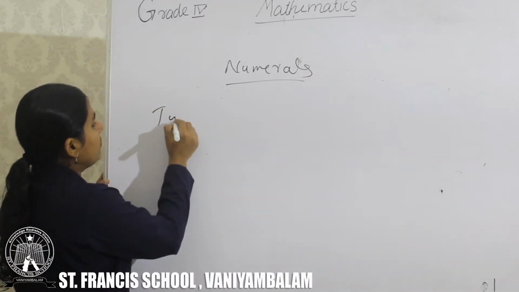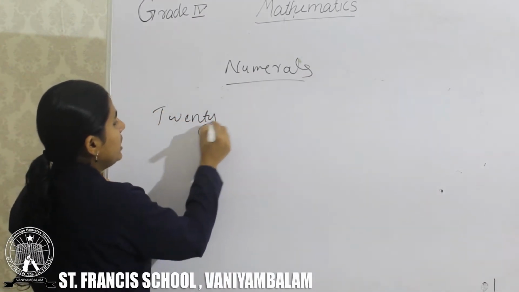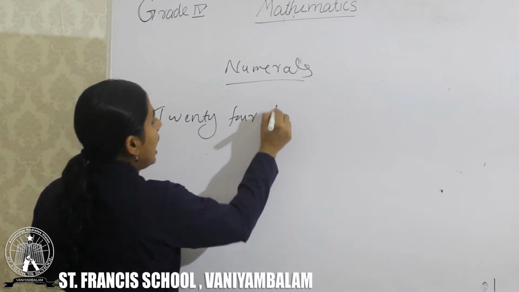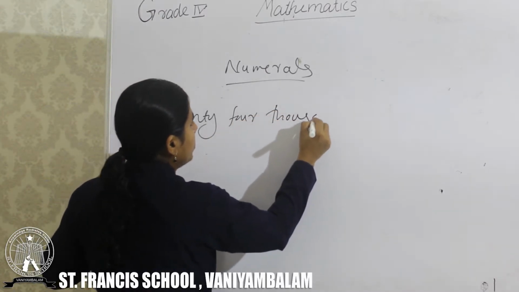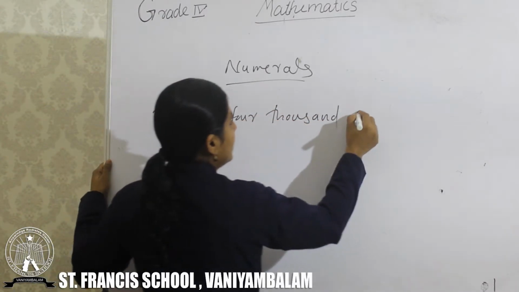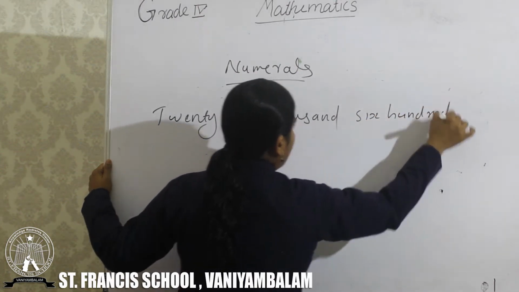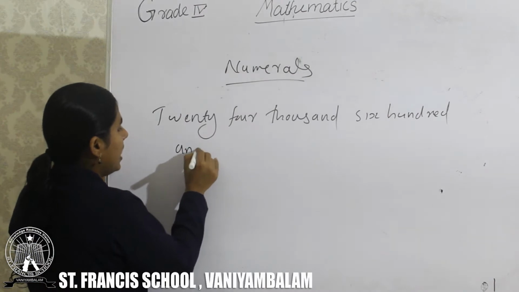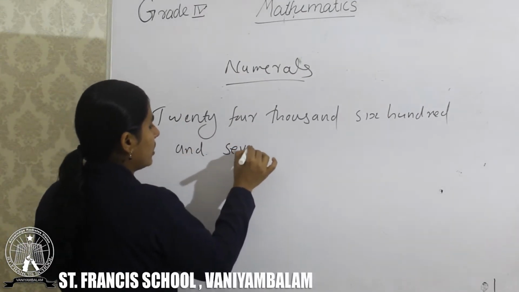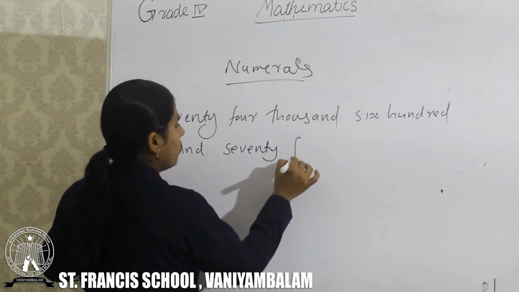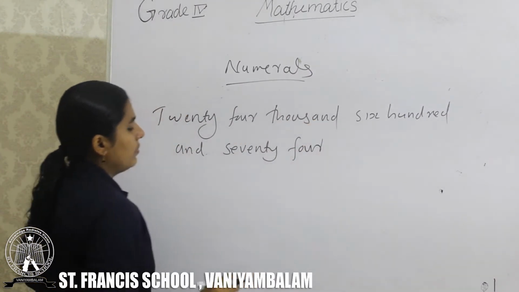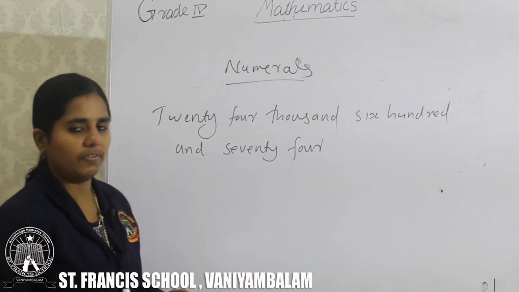Okay, 24,600 and 74. Very simple. First what we want to do?